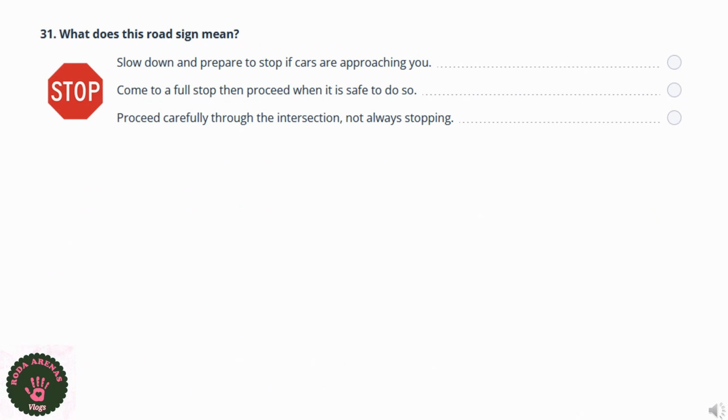What does this road sign mean? Slow down and prepare to stop if cars are approaching you. Come to a full stop, then proceed when it is safe to do so. Proceed carefully through the intersection, not always stopping.